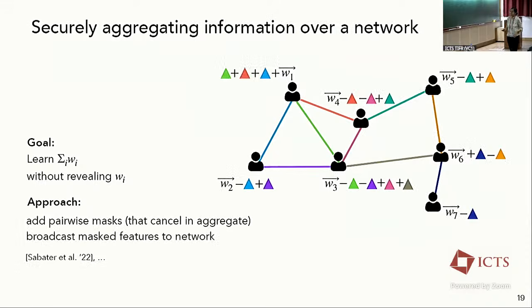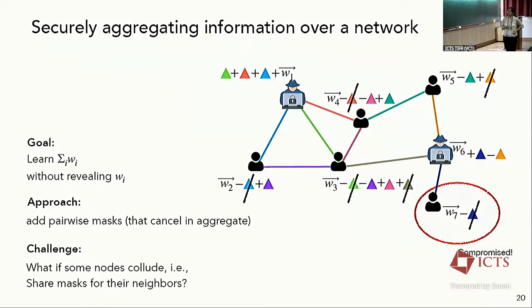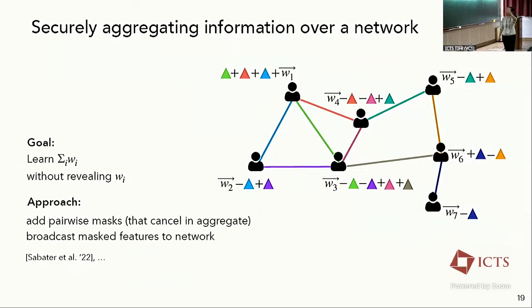If lots of nodes dropped out, their masks wouldn't get cancelled. So people have innovated to make sure that you still get utility. But for the purposes of our talk, all we have to remember is: we're given a graph, everyone has a private value, our goal is to compute the aggregate, and we do this with pairwise masks based on the edges of the graph.